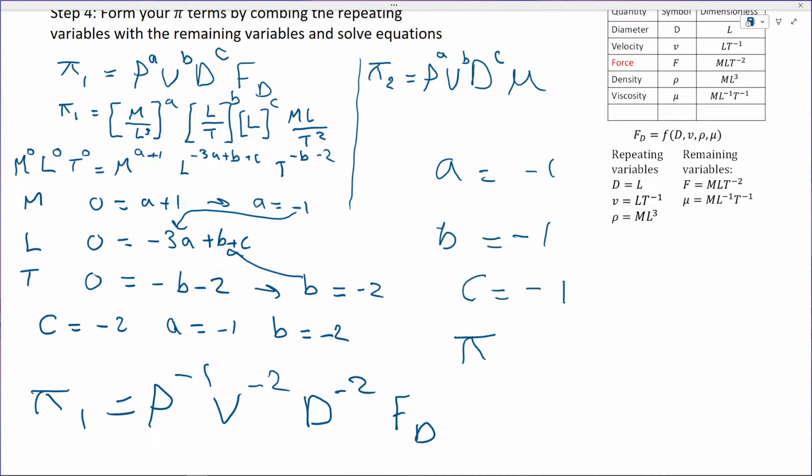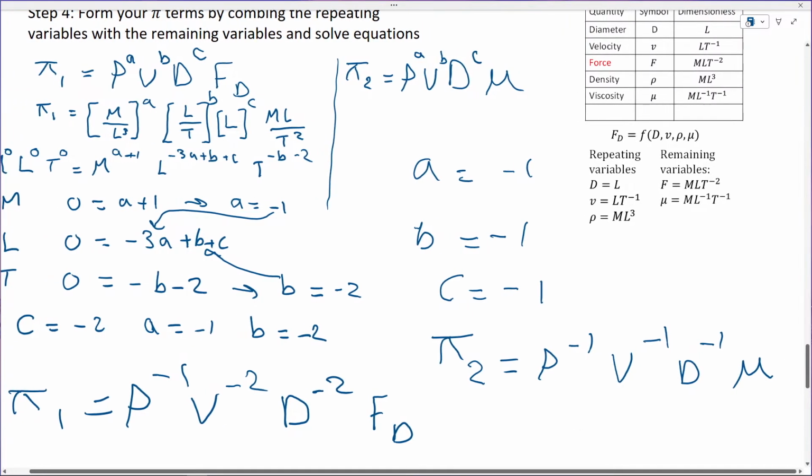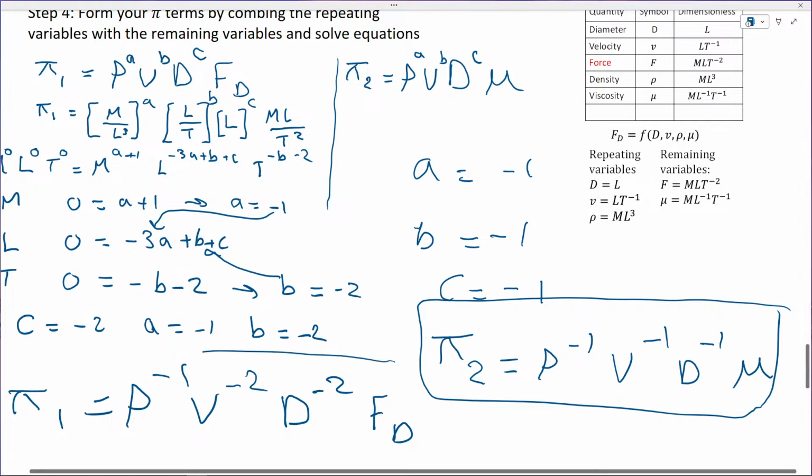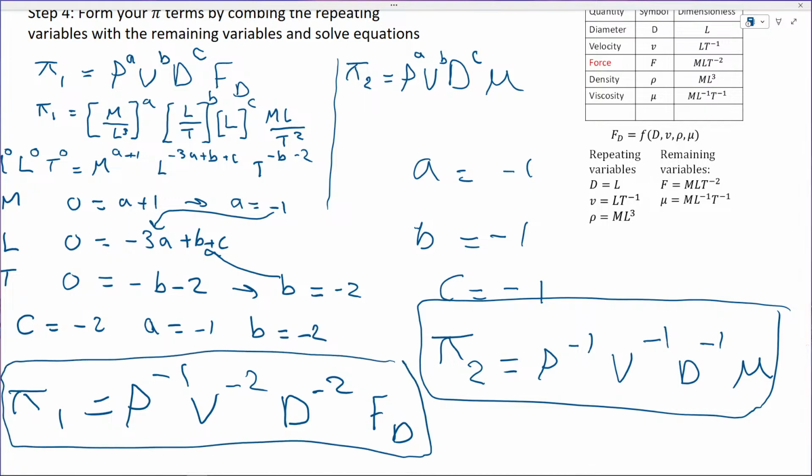Just follow the same steps with the dimensions of this variable. Then I get pi 2, that's rho to the -1, V to the -1, D also to the -1, and times mu, my viscosity. So here I got my pi 2 term, and I got my pi 1 term.